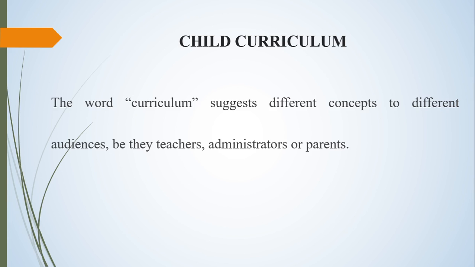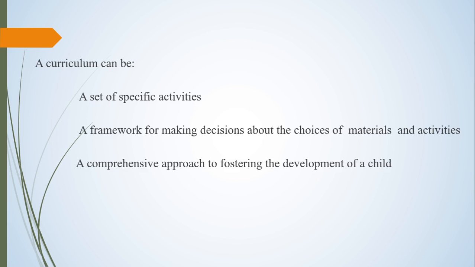If you look at child curriculum, the word curriculum suggests different concepts to different audiences, the teachers, administrators, or parents. A curriculum can be a set of specific activities, also a framework for making decisions about the theories, the choice of materials and activities, a comprehensive approach for fostering the development of a child.